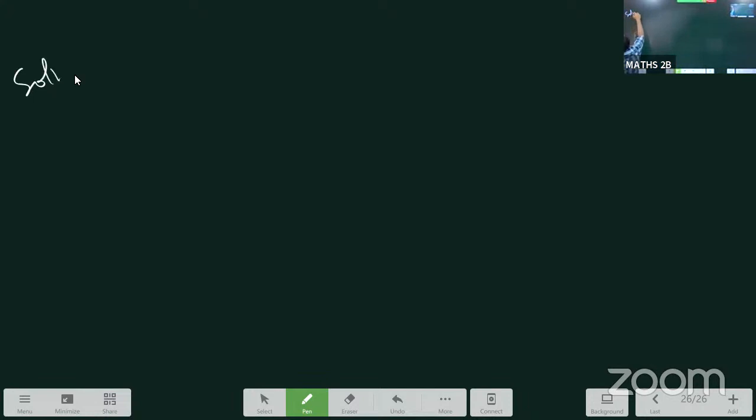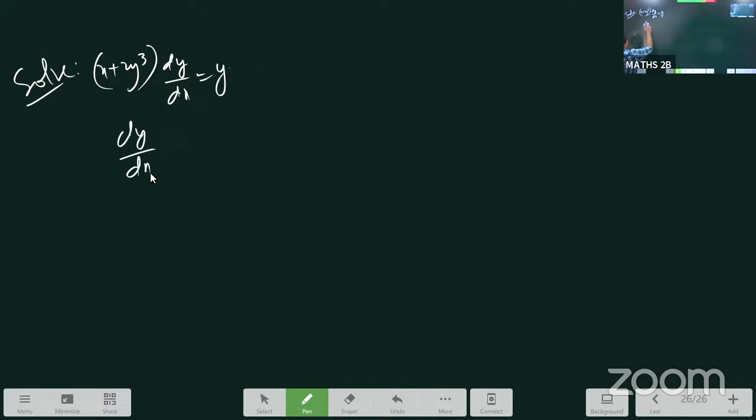Next, solve: x plus 2y cube dy by dx equal to y. Same approach again. Last problem, dy by dx is equal to y by x plus 2y cube. Again, you have to do the reciprocal.